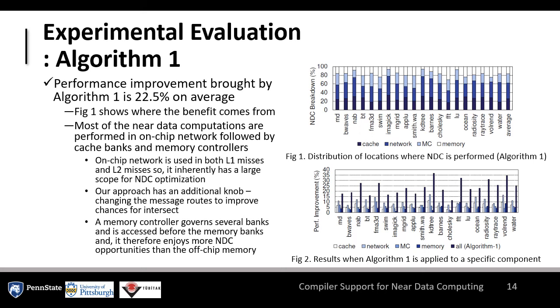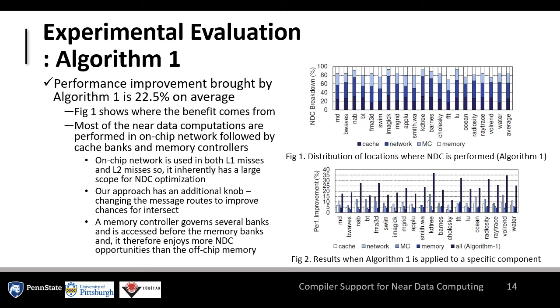For example, in this benchmark, B waves, for different components in cache, in network, in memory controller, in main memory, we take advantage of near data computing. And different benchmarks behave differently. For example, in this benchmark, Imagic, there's not much opportunity in main memory, whereas in this FFT, there are many more opportunities to take advantage of near data computing in main memory.